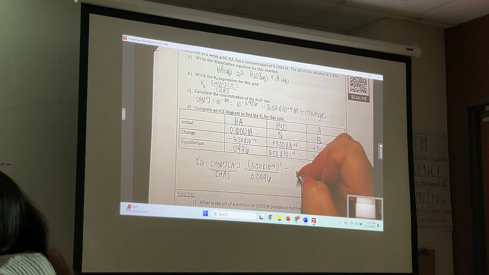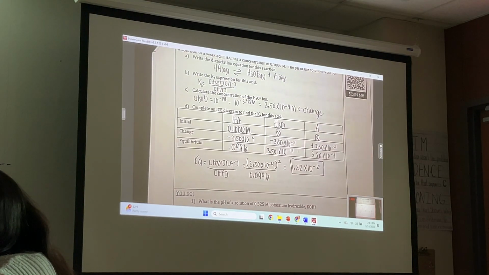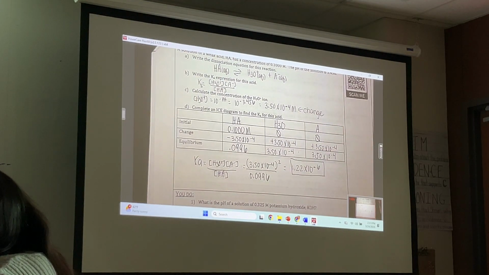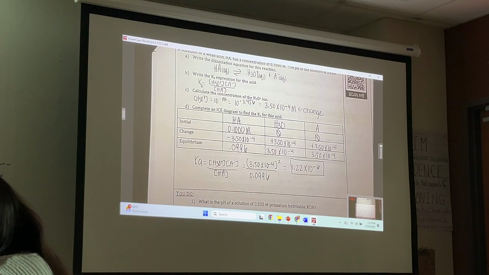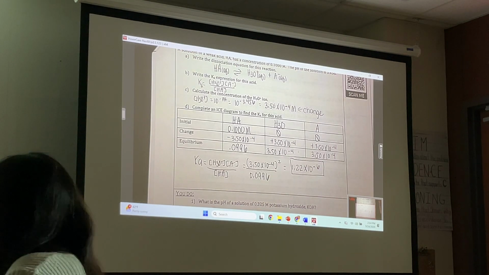And I get 1.22 times 10 to the negative 6. Now, everything just flows. Honestly, you shouldn't even have to think about anymore when doing any of this.